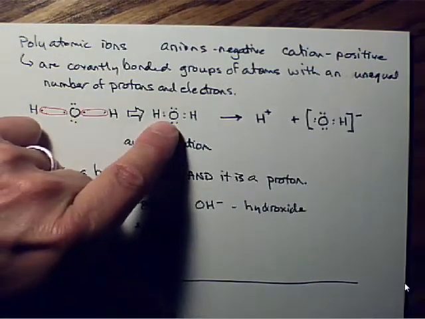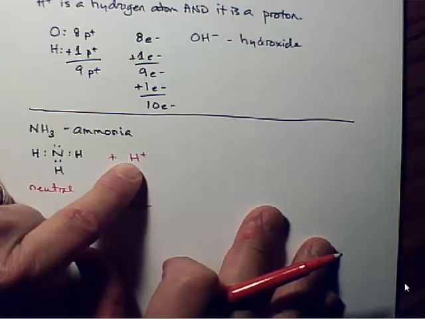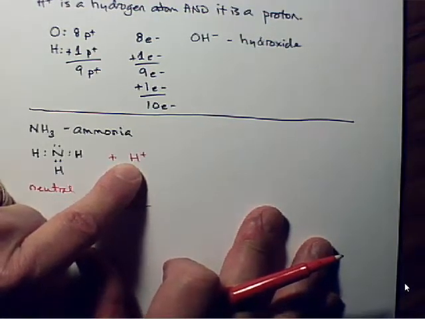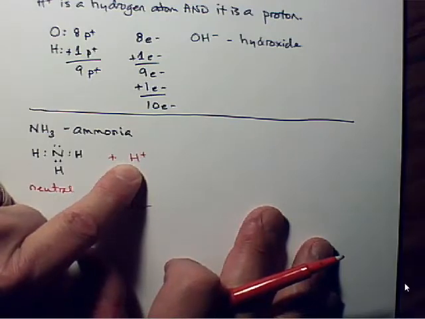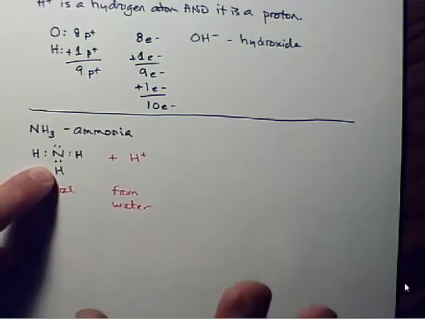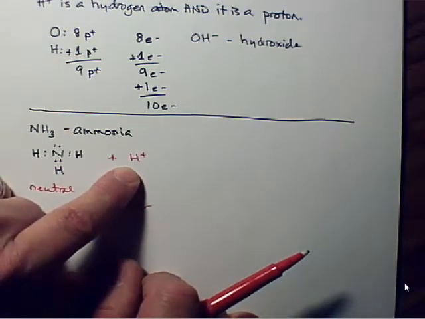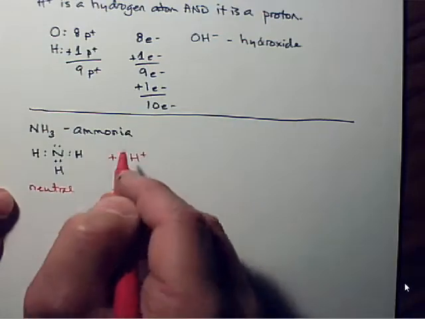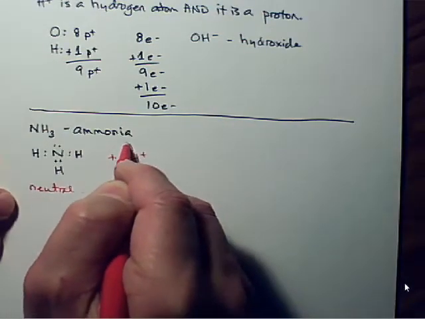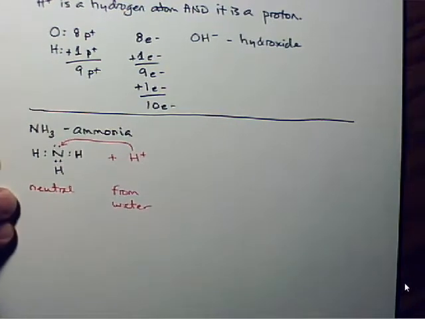Now, the reason that hydrogen, the atom, bonded with the oxygen to start with is because it wanted 2 electrons. Well, this hydrogen, or this proton, this hydrogen ion or proton, still wants 2 electrons. And it can get those 2 electrons from the ammonia. It doesn't take it away from them. It's going to share electrons to give it 2 electrons. Okay? And it's going to do so by going over here and covalently bonding with that pair of electrons.